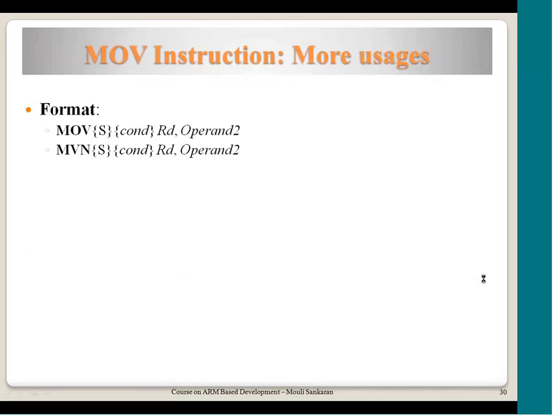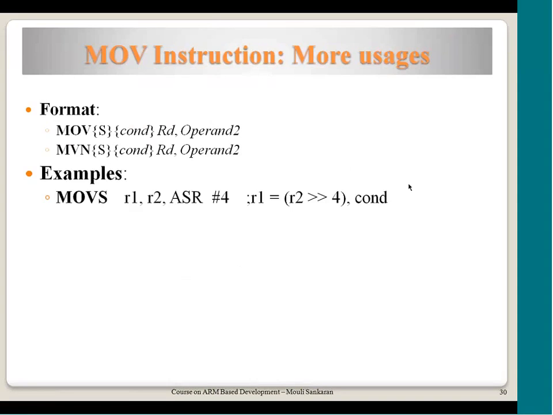Before we end the session, let us see a few examples so that this concept of conditional execution and the S flag gets into your mind. Here, analyze this. MOVS. Please remember, move can also impact the CPSR values because it is doing some operation and the value written into R1 is the result of this instruction.